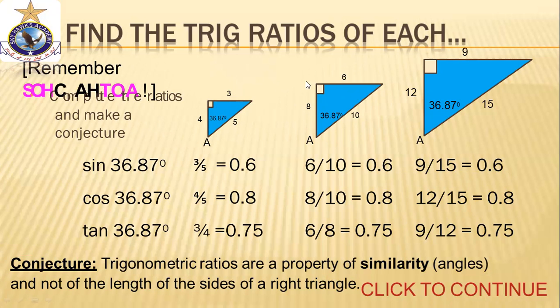Here we are adding three more to each one, here five more, here four more to each side. So we are increasing the lengths, the sizes of the dimensions of these three triangles.